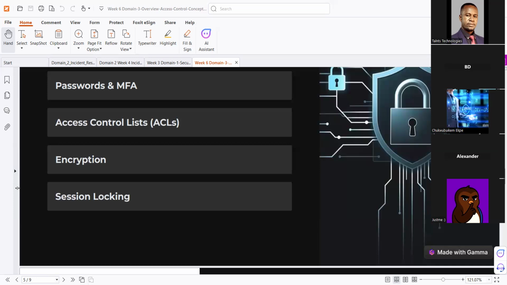We use apps that, after 30 seconds, go off, or after a minute of not using it, it locks. That is session locking. Are we together? You can configure it to time out at any time, 30 seconds, 1 minute, 5 minutes, depending on the configuration that you do. That is session timeout, session locking, sorry.